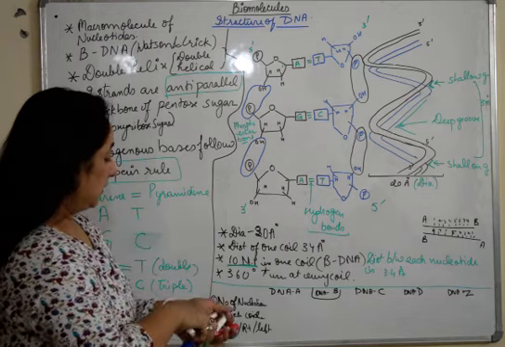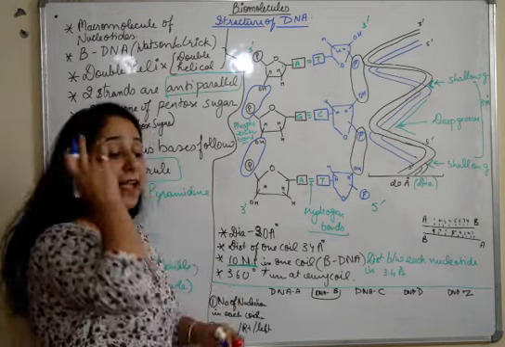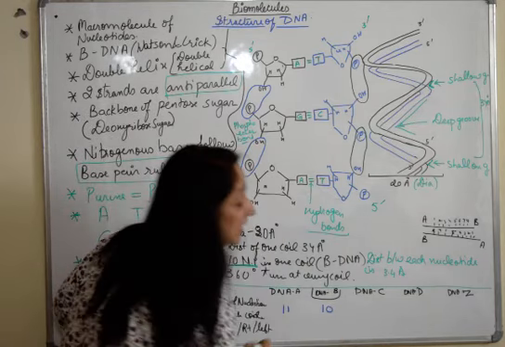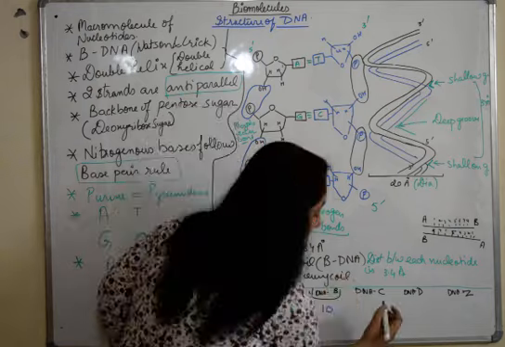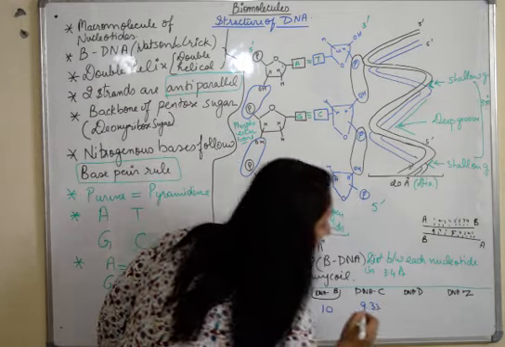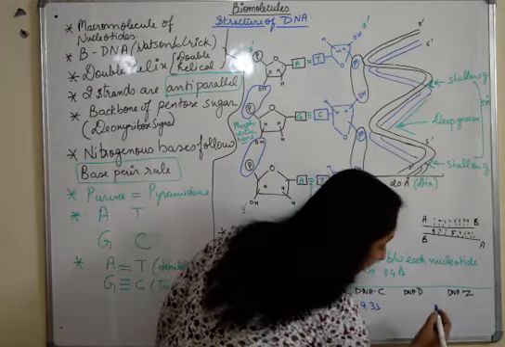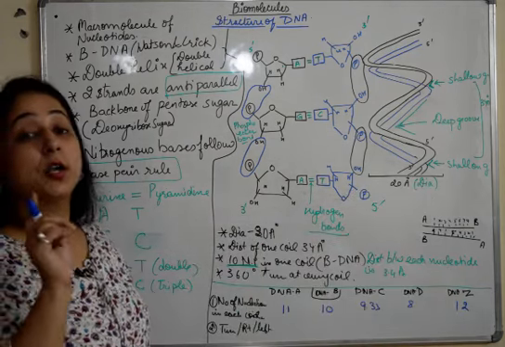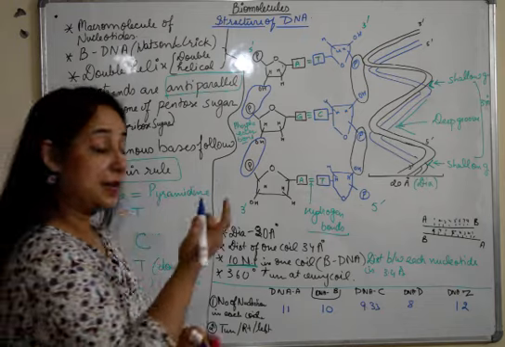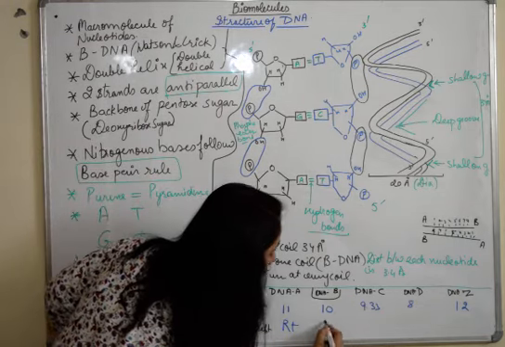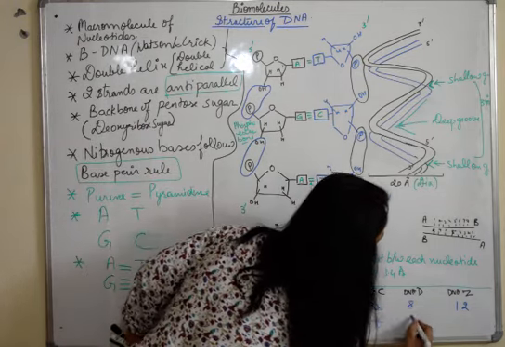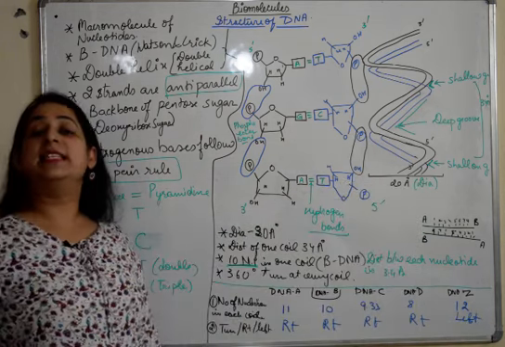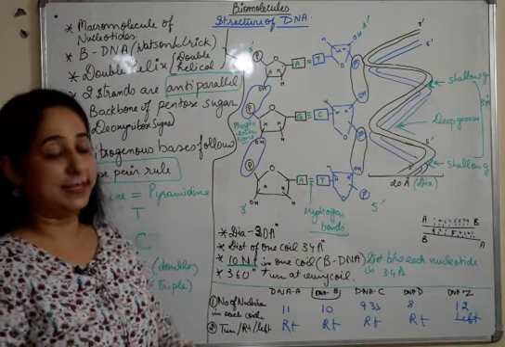So DNA A has 11 nucleotides. DNA B has 10 nucleotides, which we have done. Here it is 9.33. DNA D has 8 and DNA Z has 12 nucleotides per coil. Now how is the arrangement? All are right handed except the Z DNA, which is left handed in orientation.